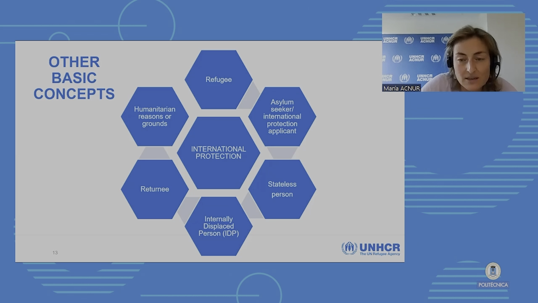An asylum seeker, or as you can see on the screen, an international protection applicant, which is the same, is the person who has made a claim for asylum and is waiting for a final decision on his claim. So that's the difference, okay?